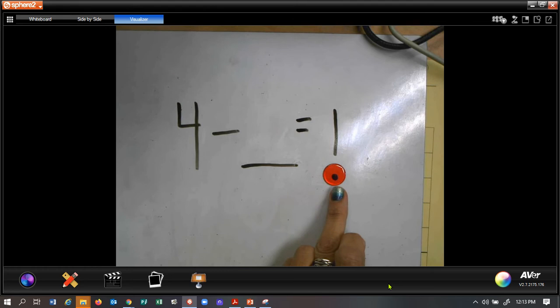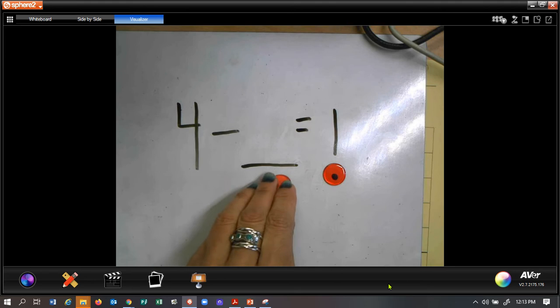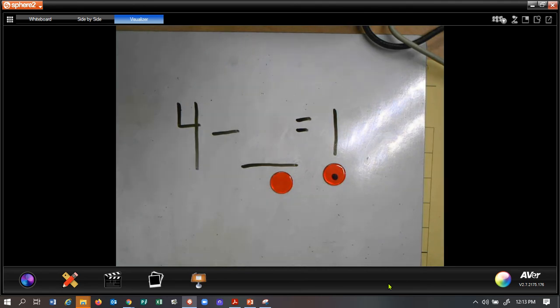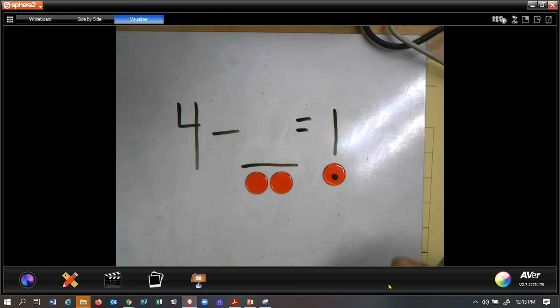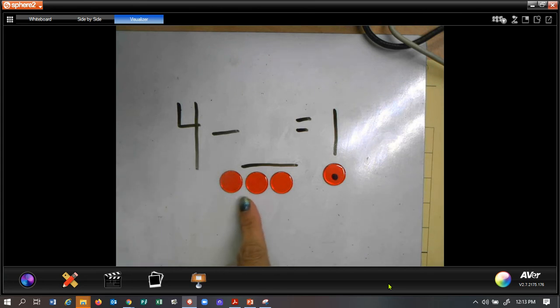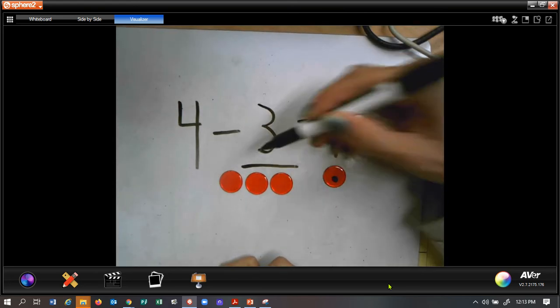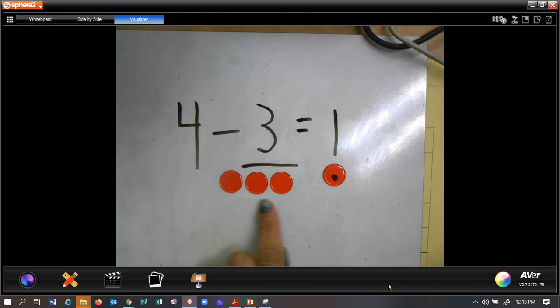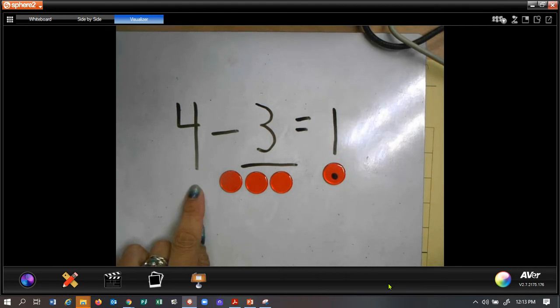I could count on from 1 and see how many more I need to make 4. So if I have 1, 2, 3, 4, I would need 3 more to make 4. So my other part would be 3, because 3 and 1 make 4.